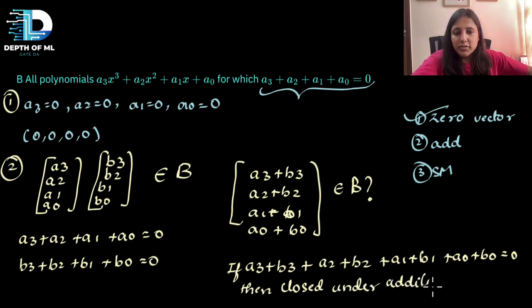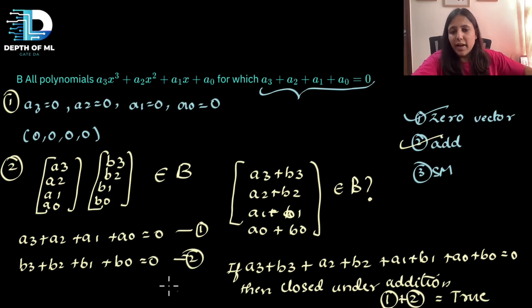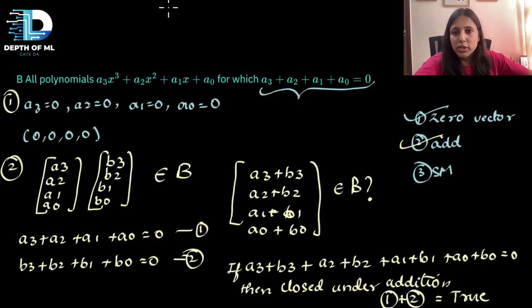Can I satisfy this? I can, because of equations 1 and 2. If I add equation 1 and 2, I will get this result. So 1 plus 2 is actually true, right? If I add these two equations, I'll get this equation satisfied. Now the only thing that I have to check is closed under scalar multiplication or not.